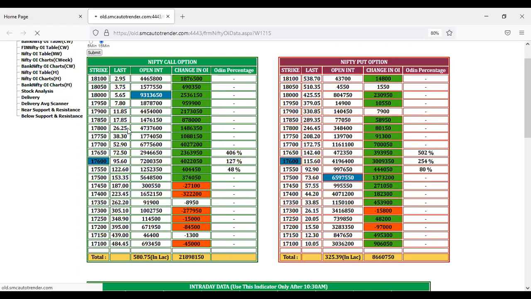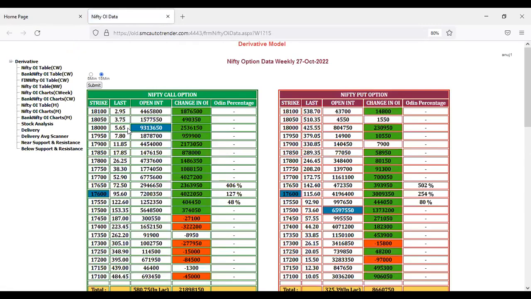So open interest mechanism, you need to understand that the entity who is taking, I'll once again repeat for your better understanding, the entity in the open interest, the entity which is taking the risk is the prime driver of the market.